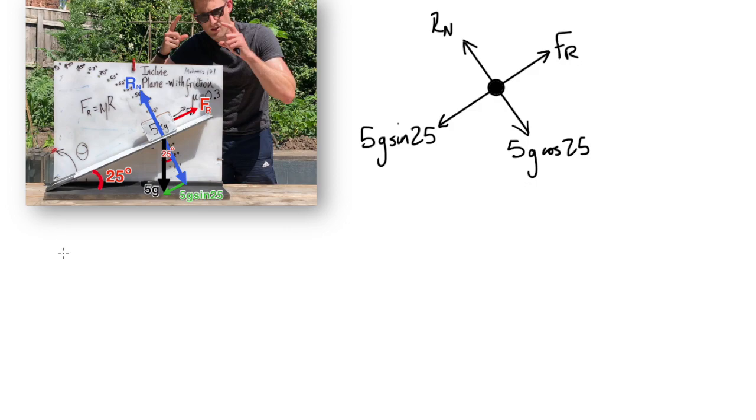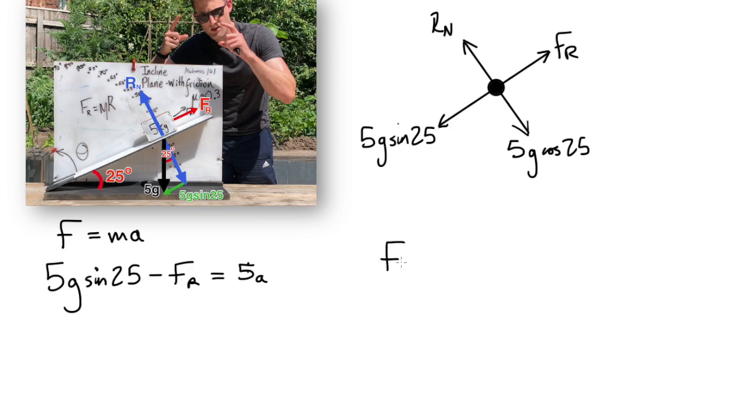Okay, so the acceleration down the plane, we're going to start with F equals ma, and down the plane we have 5g sine 25 minus our frictional force, and that's going to equal 5a. So let's work out the frictional force.